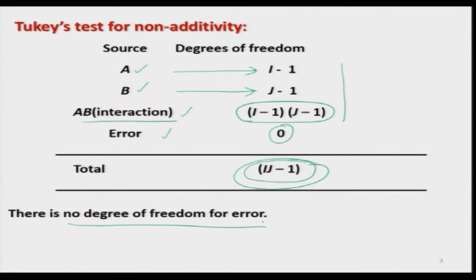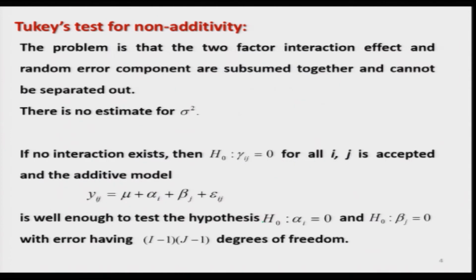So, how are you going to estimate all those means, how are you going to conduct the test of hypothesis? Right. So, now this is a problem, and the problem here is that the two factor interaction effect and the random error components are subsumed together and cannot be separated out.